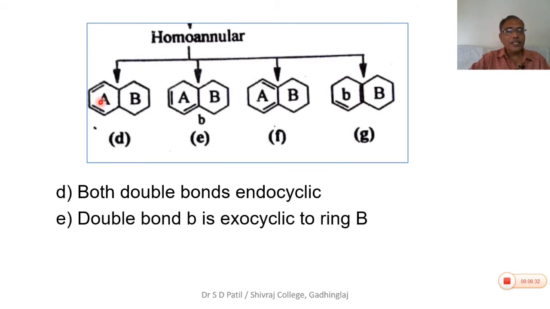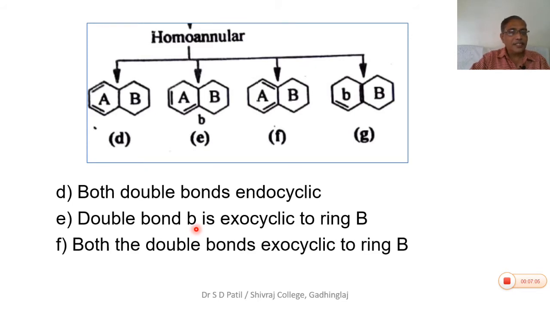In structure E, double bond B is exocyclic to ring B. Ring B is there. To ring B, there is one exocyclic double bond indicated by letter B. So in this case, one carbon is common with the ring and other is exocyclic to the ring.